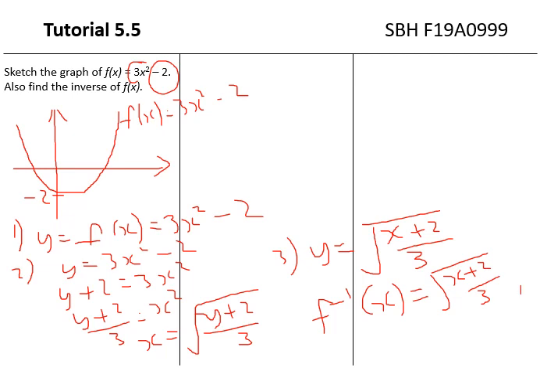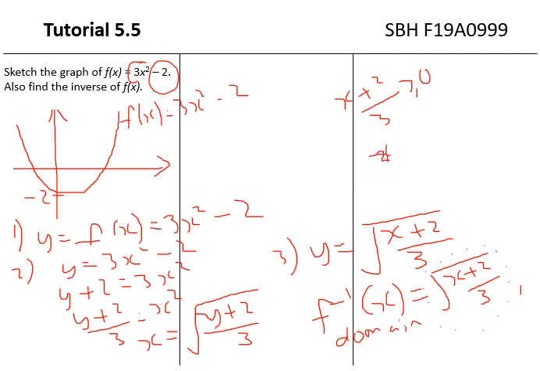Remember to define the domain so that the function is valid. For this one, there is a square root element inside, so it must always be a positive value. This means x plus 2 divided by 3 will always be greater than or equal to 0.